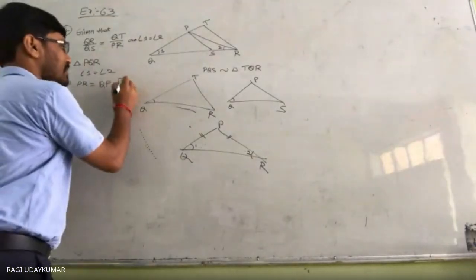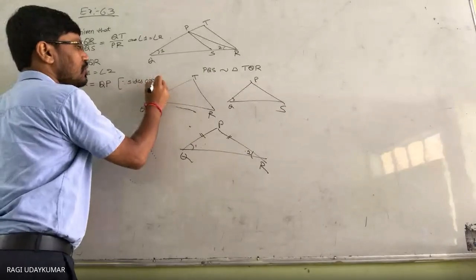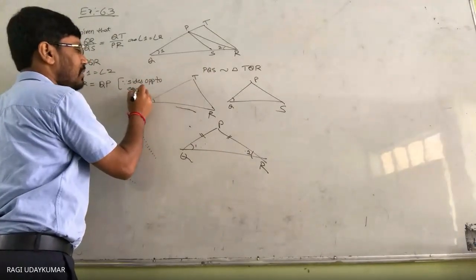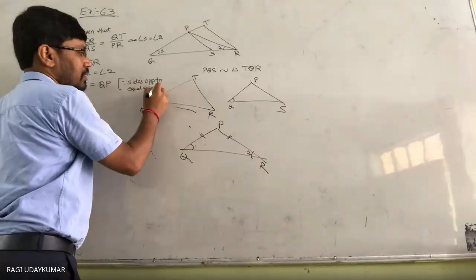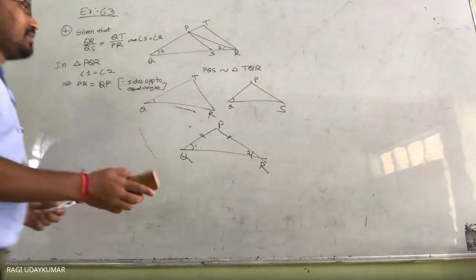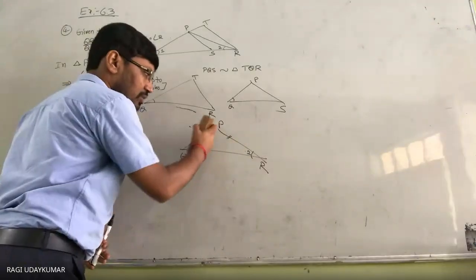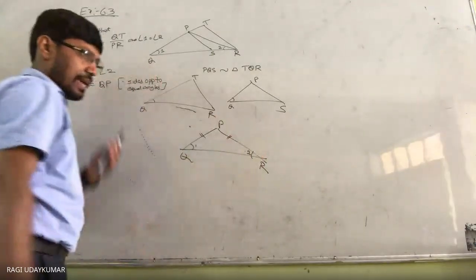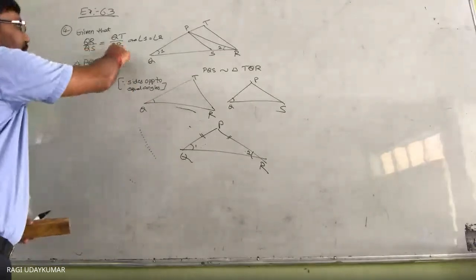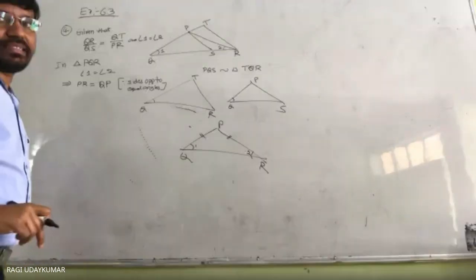Because the reason is sides opposite to equal angles. So I am taking the triangle PQR. In the PQR triangle, this angle equal to this angle is given, so this side equal to this side. Now here you can replace PR with QP.